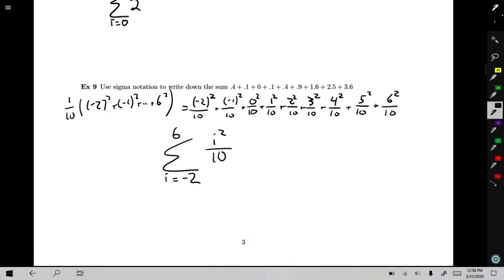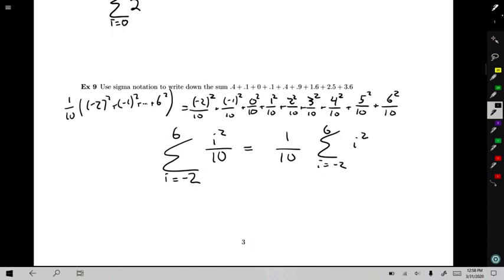And so after factoring out that 1/10, we can do the exact same sort of thing with this sum here. So we can write this as 1 out of 10 times the sum from i equals minus 2 to 6 of i squared. So this is a nice property of this sigma notation, that we can actually factor constant numbers out of it.